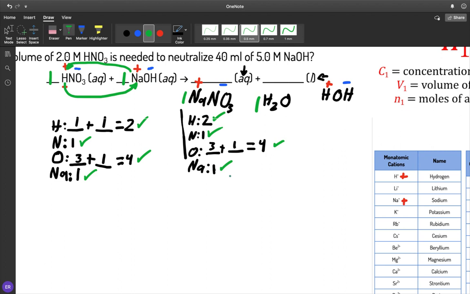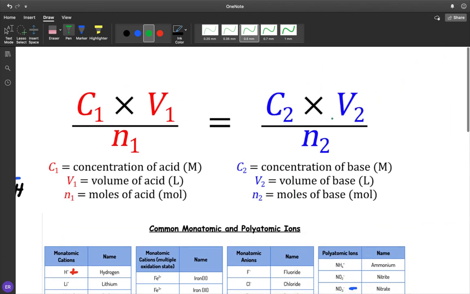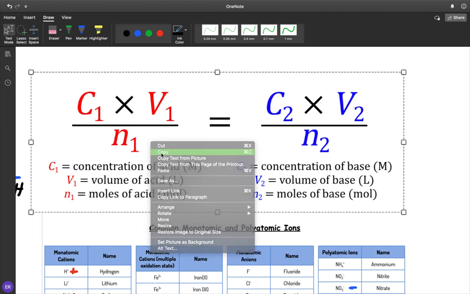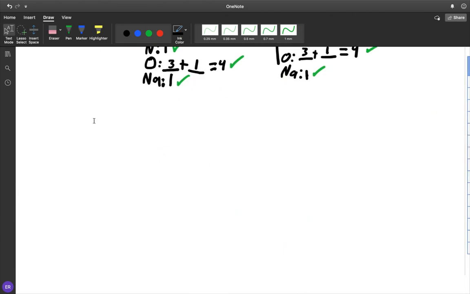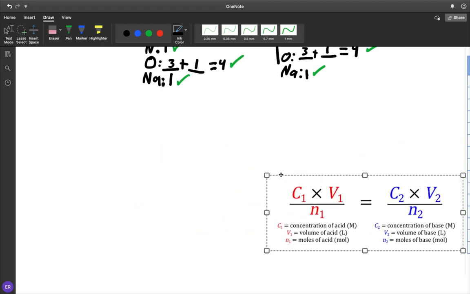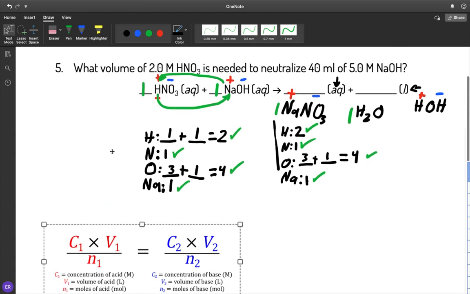Okay, now that we have done predicting the products and balancing the equation, now we can move on to our C1 V1 equals C2 V2. So let me go ahead and make a copy and paste it, bring it down, make it smaller. Okay, so let's go back to the question.